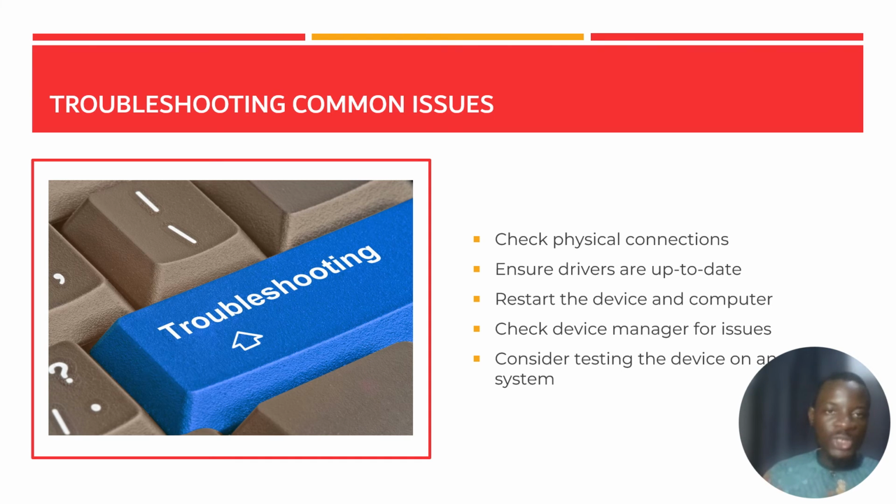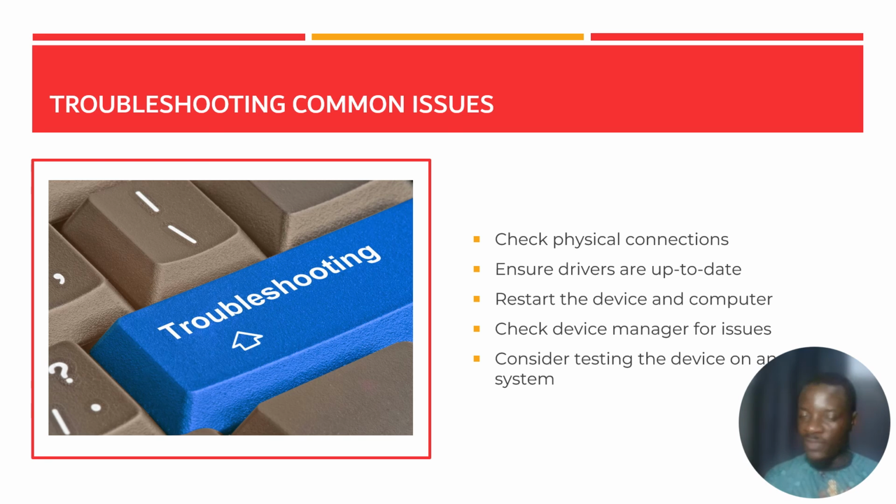When you encounter issues with input and output devices, start with the basics. For troubleshooting, check that all cables are securely connected. Ensure you have the latest drivers installed for the device. Often, simply restarting the device or your computer can resolve issues.